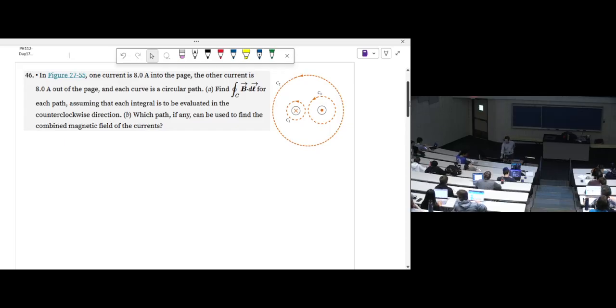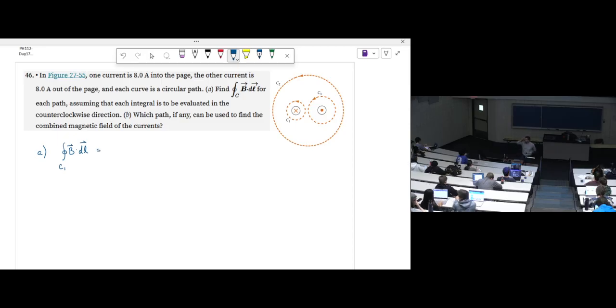So first things first, part A of this problem. If we want to know the path integral around C1 of B·dl, what would be the value of that?